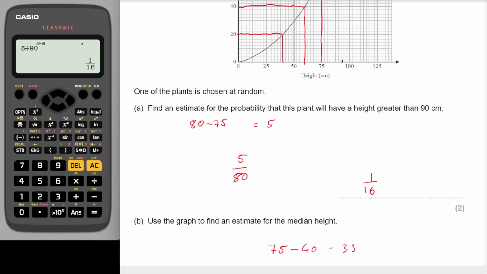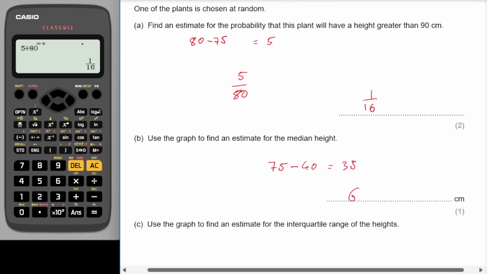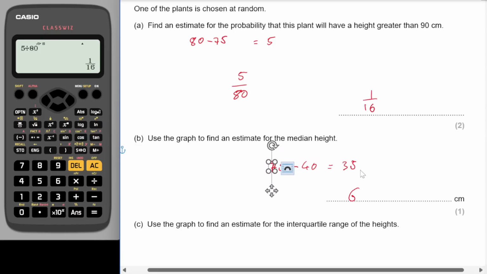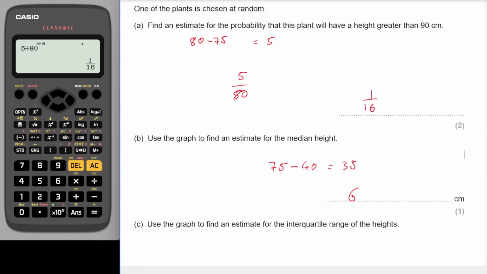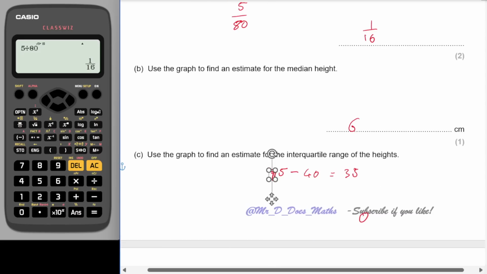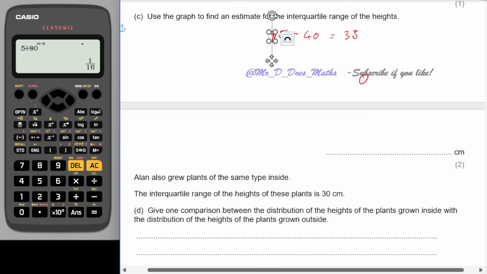So that would be 35. Just trying to highlight that. I wanted all of that down individually. One more bit. Right, so we're looking at 40.